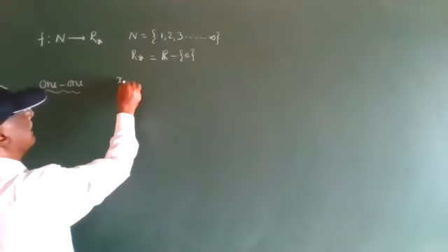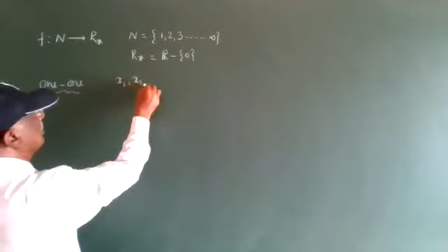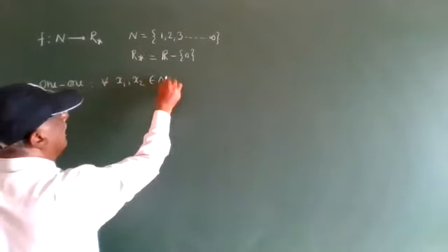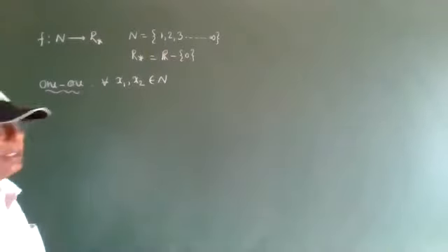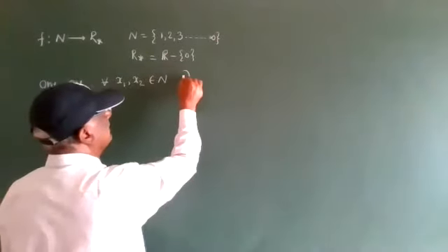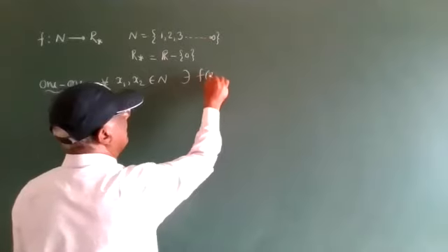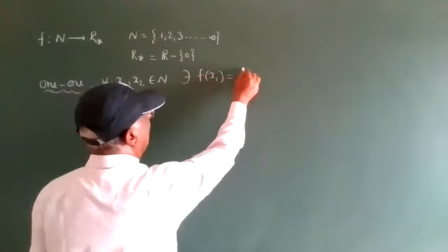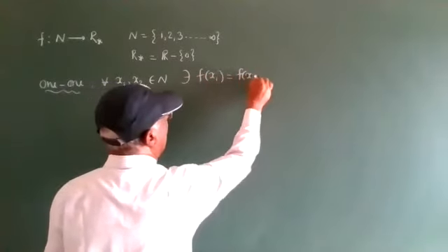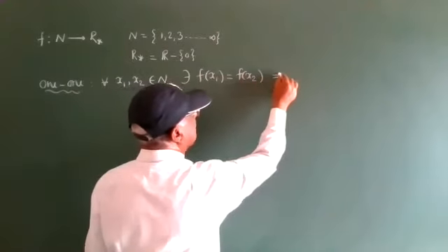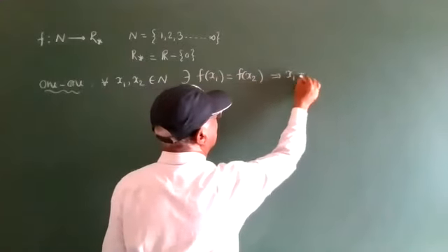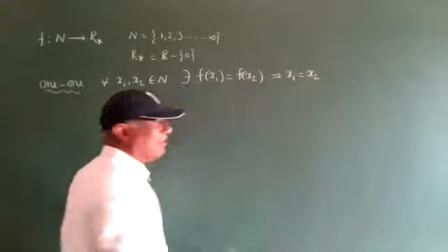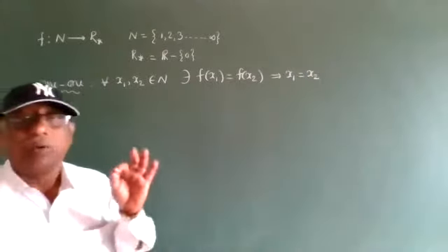Take x1, x2 in the domain, natural numbers, such that f of x1 is equal to f of x2. We have to show that x1 is equal to x2. Then it is one-one, otherwise it is not one-one.